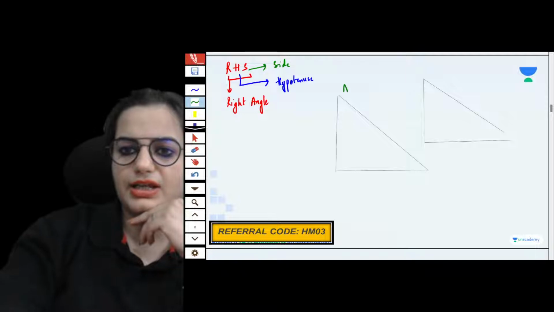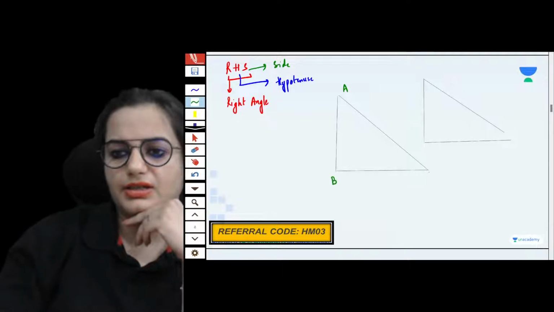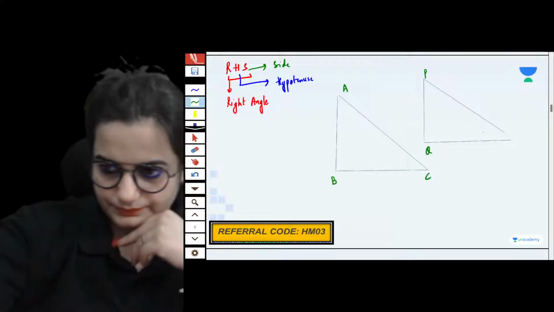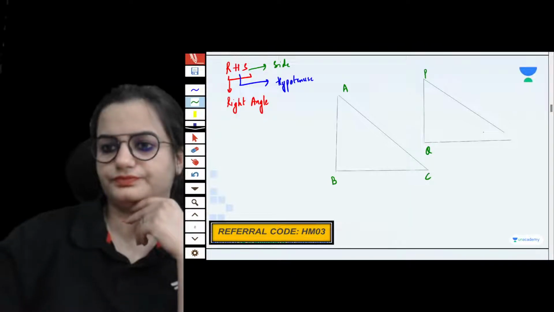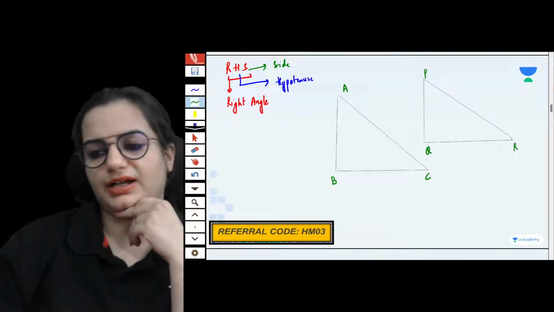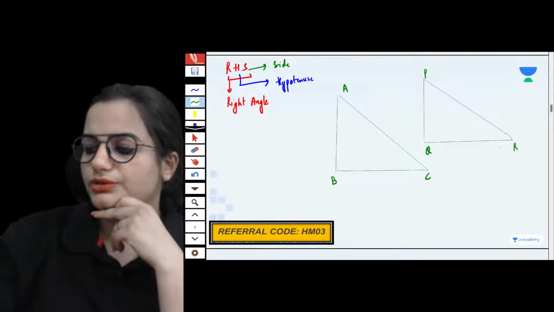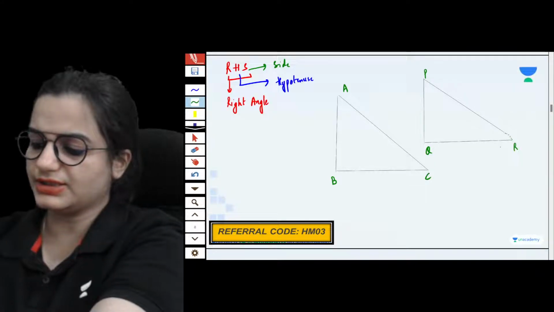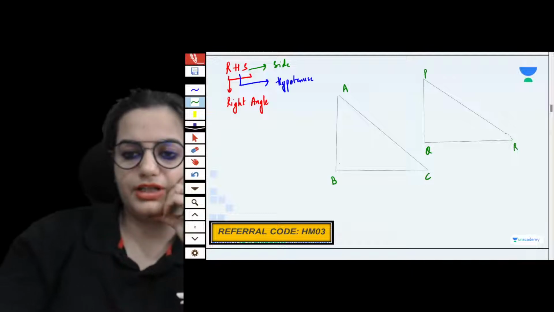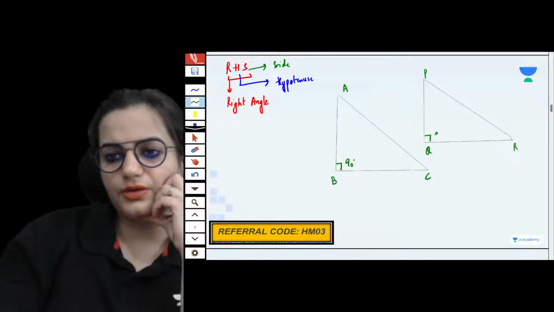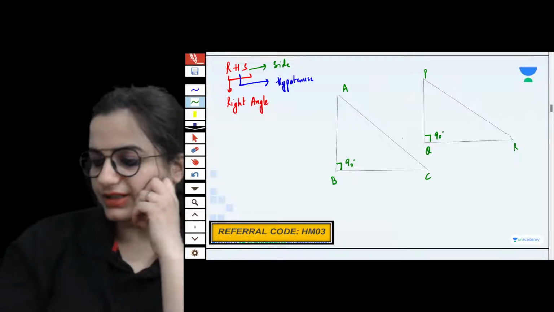First I am taking A, B, C, and this is P, Q, and this is R. So beta, you all know where the right angle is? At angle B and angle Q. So angle B is 90 degrees and angle Q is also 90 degrees. Clear up to here?